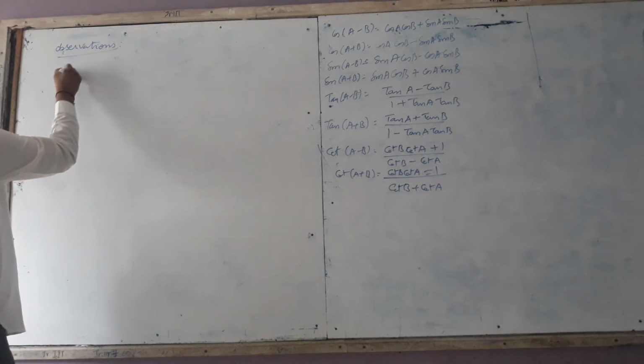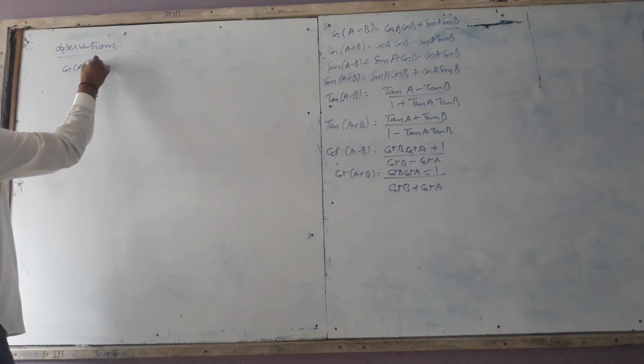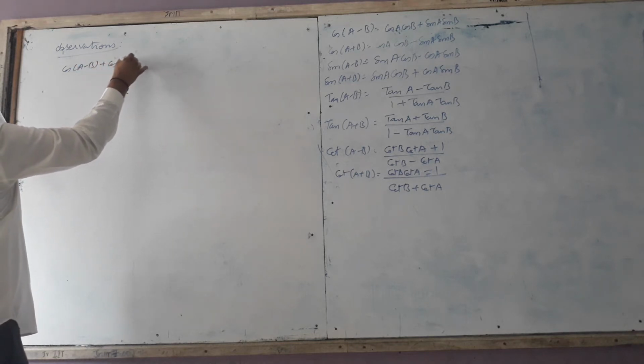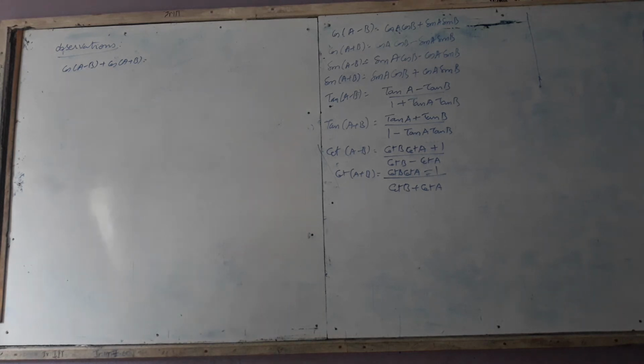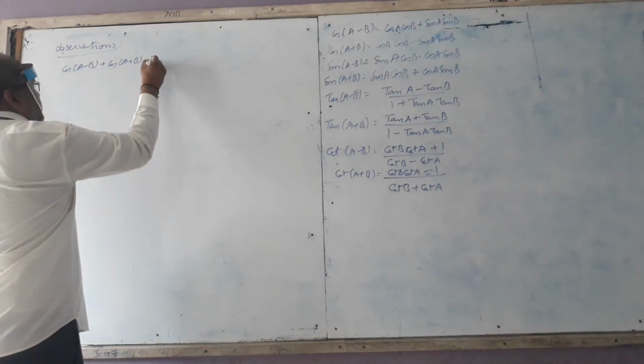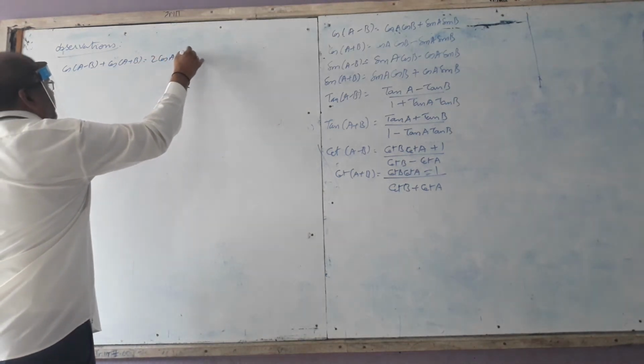And if I add cos of A minus B plus cos of A plus B, what is the result? The right hand side has x plus y in the first, and x minus y in the second. The second term vanishes, so 2 cos A cos B will come.